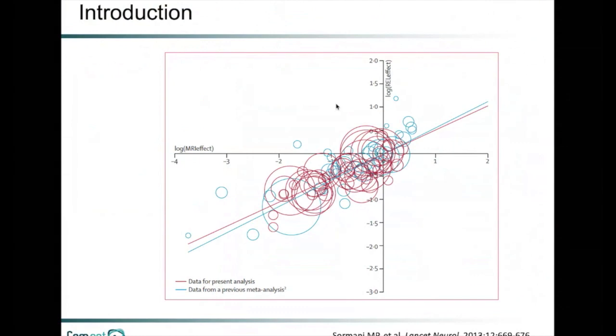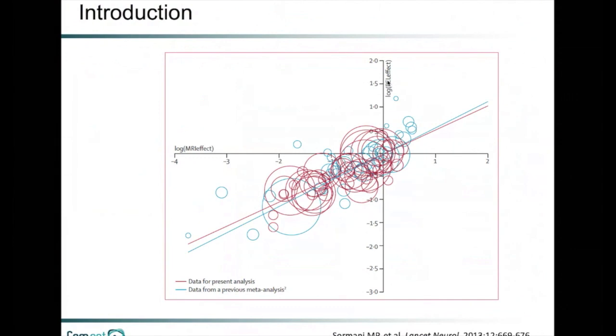And we know very well from all the meta-analysis by Maria Pia Sormani, in which she showed, for instance, the effect, these are different trials, the different blobs, each blob is a trial, that if you know the effect of a particular drug on the appearance of new lesions, this is the MRI effect, you can nicely predict the effect of that drug on the appearance of relapses. So lesions are very useful, and we use them a lot in clinical practice.